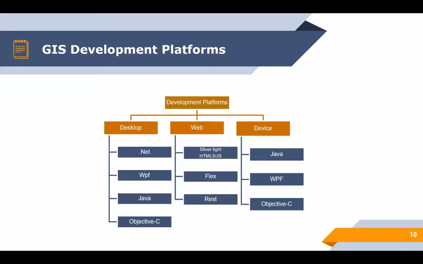And if you want to develop the application using a device based platform, for that we have to learn Java, WPF, and Objective C. Objective C is basically a language which we use to develop applications for Apple, for the Mac, for the iPhone, for all these kinds of development.